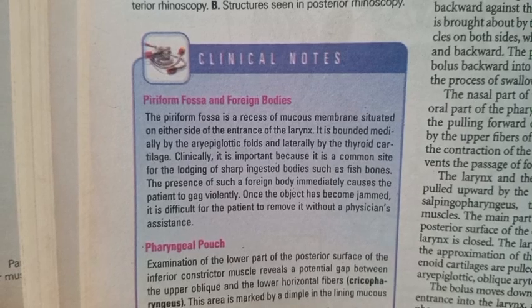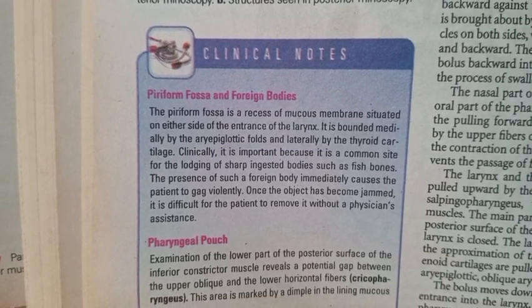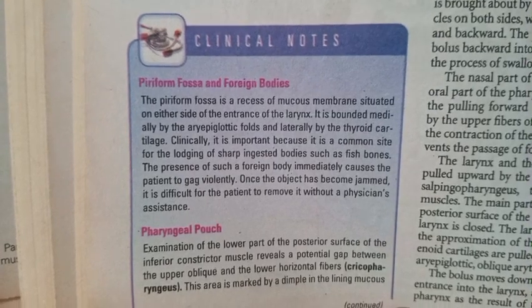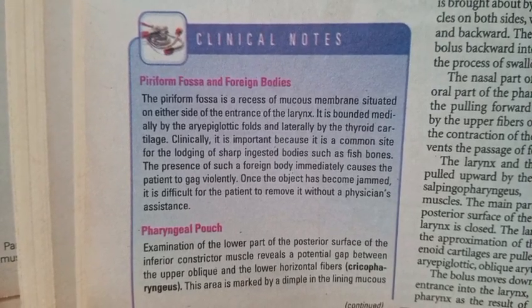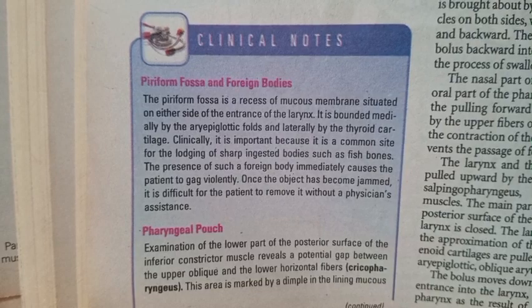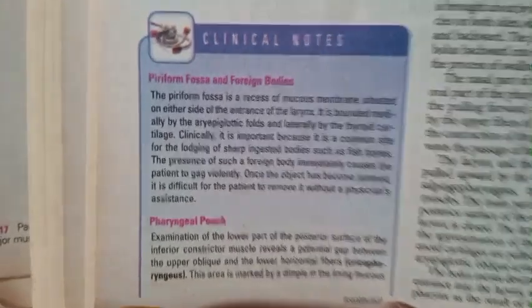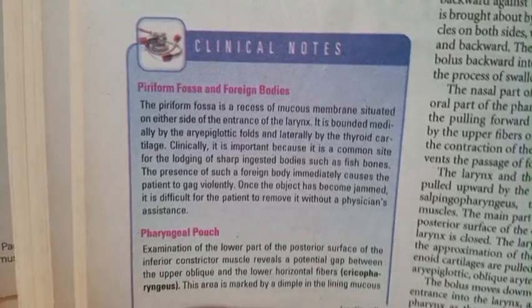The presence of such a foreign body immediately causes the patient to gag violently. Once the object has become jammed, it is difficult for the patient to remove it without a physician's assistance.